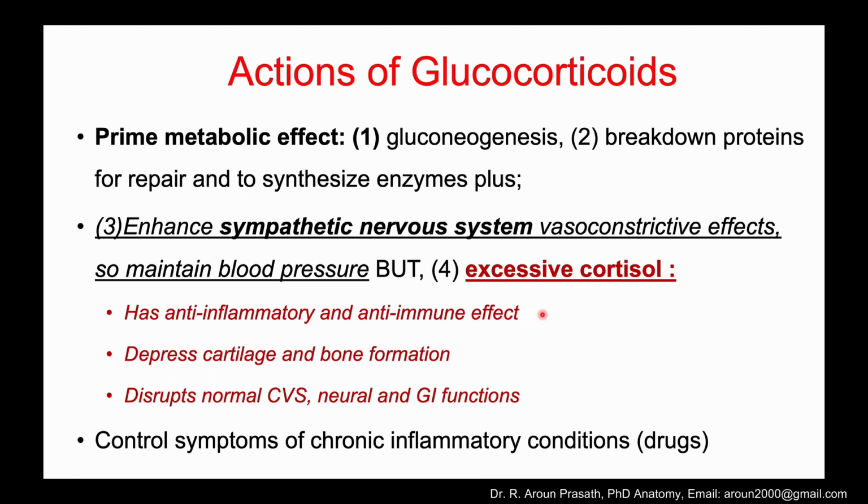These steroidal drugs have the effect of reducing inflammation. So we use drugs like betamethasone, dexamethasone, hydrocortisone. These are all steroidal drugs that reduce inflammation, which we give during asthma or during immune reactions in the body. Then the other functions of glucocorticoids are that they depress cartilage and bone formation, disrupt normal CVS, neural and GI functions, and control symptoms of chronic inflammatory conditions.